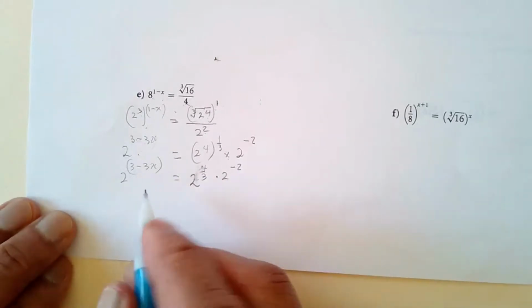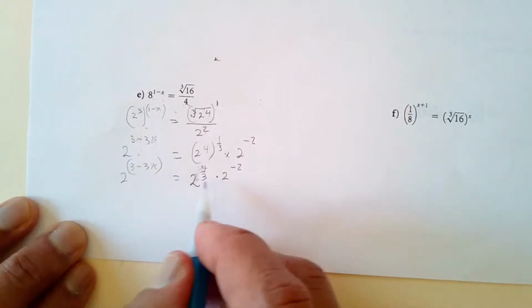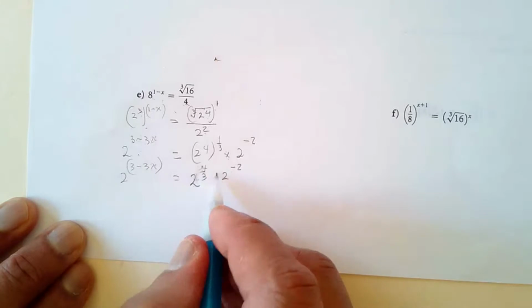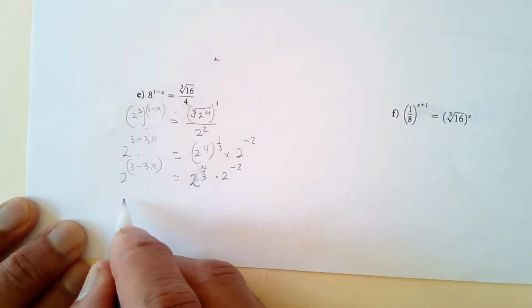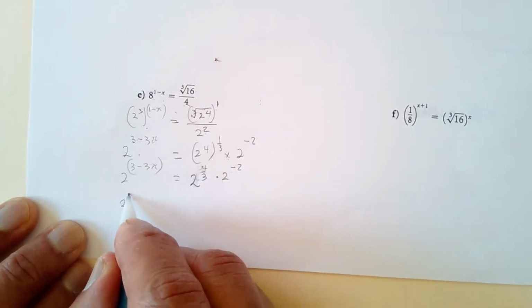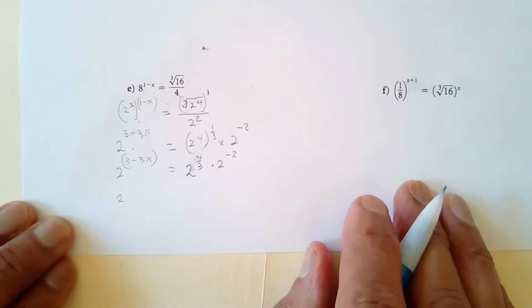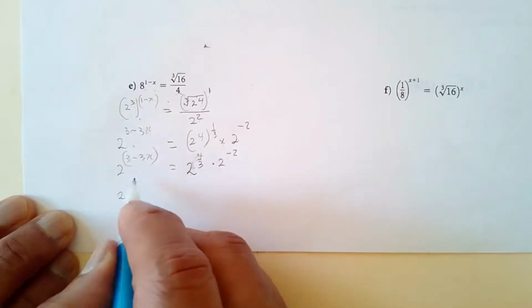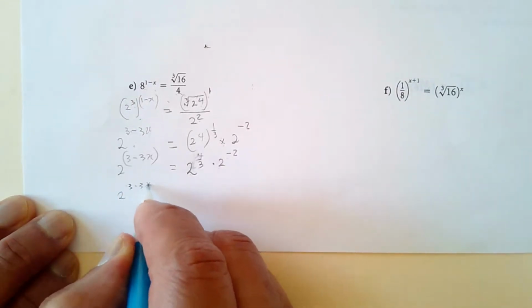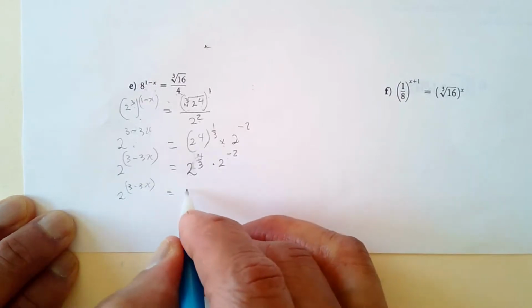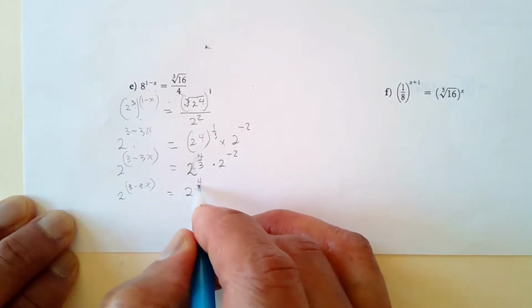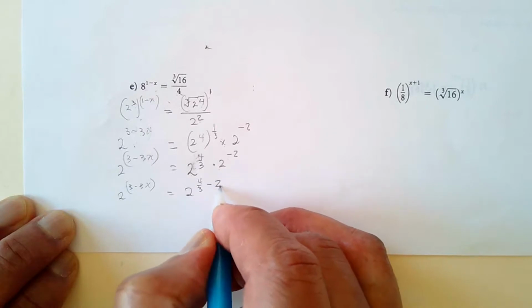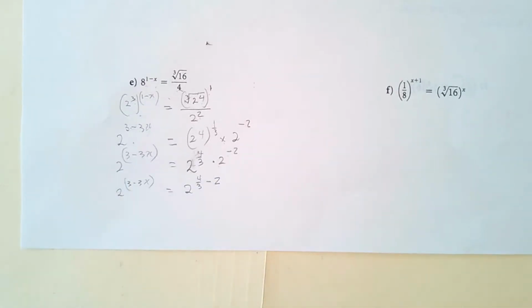So now I'm left with these here. We're going to subtract the exponent. We have 2 to the 3 minus 3x is equal to 2 to the 4/3 minus 2.